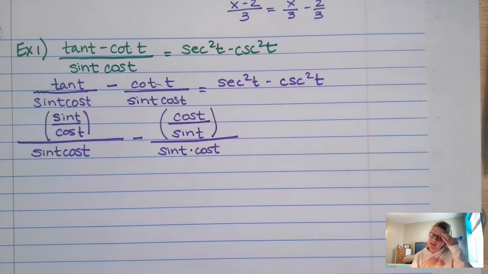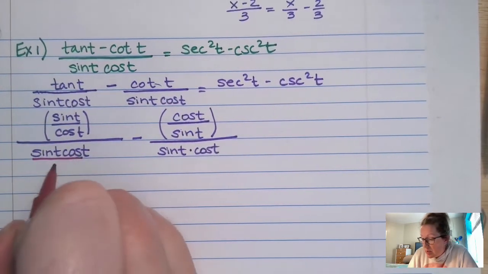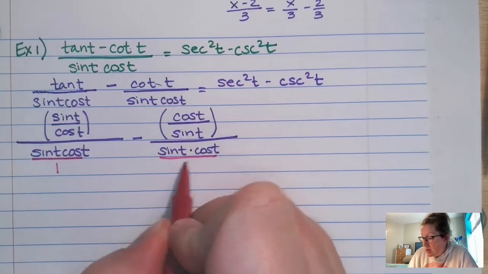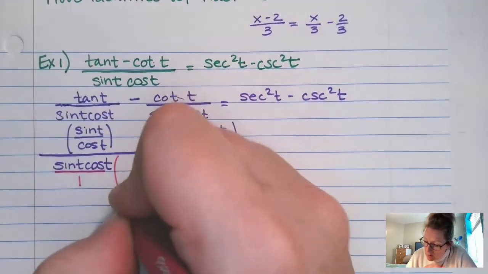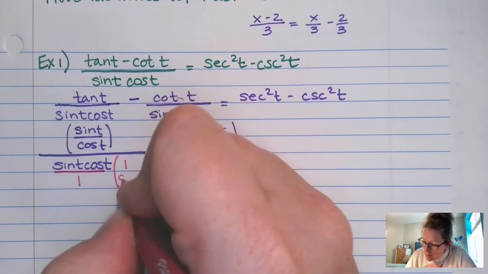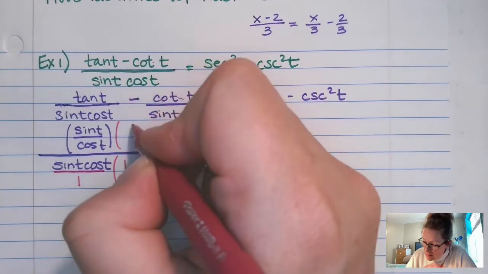Okay, so now it looks like we have a complex fraction, a fraction within a fraction. When we have a fraction within a fraction, it's just division. And how do you divide fractions? We multiply by the reciprocal. So I'm going to make these into fractions, and I'm going to multiply both by the reciprocal. So 1 over sine t cos t, that looks nice.